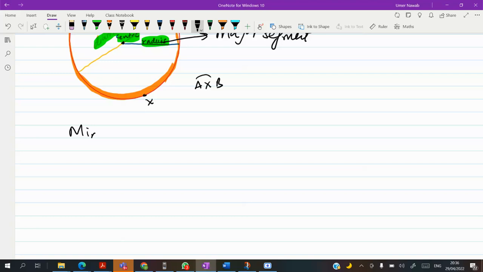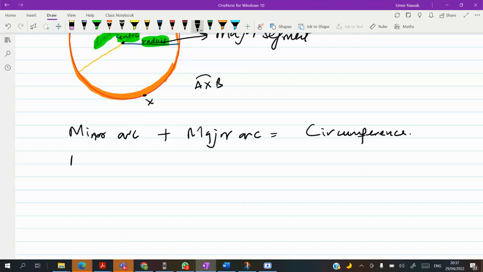Minor arc plus major arc is equal to the circumference of a circle. Minor segment plus major segment is equal to the area of a circle.